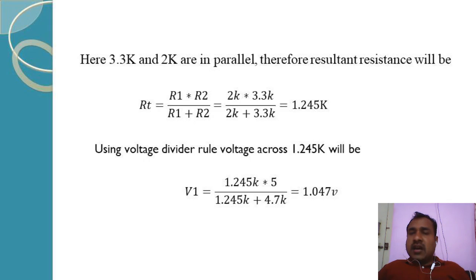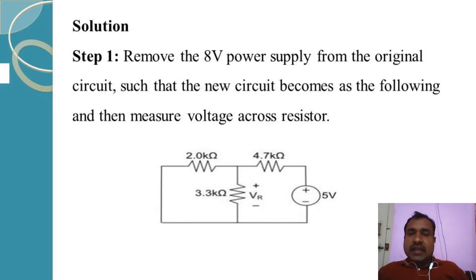Here, at 1.245 k I want to find the voltage drop. So I write 1.245 k into 5, the supply voltage, divided by 1.245 k plus 4.7 k, which is equal to 1.047 volt. That is the voltage across the 3.3 kilo ohm resistance.